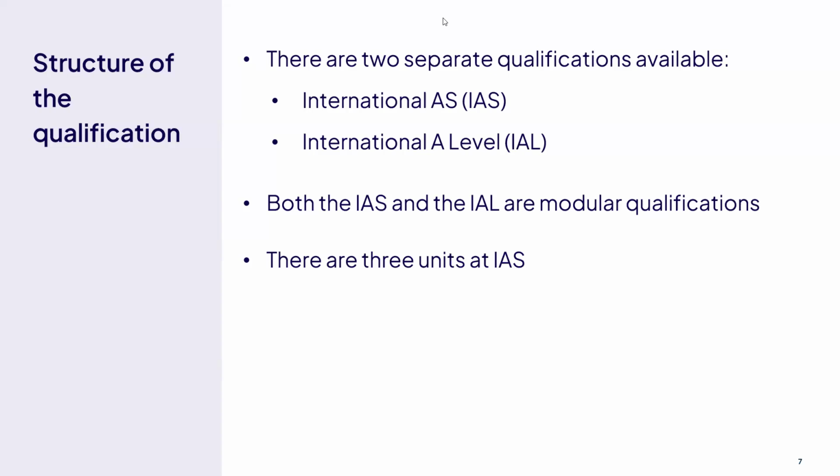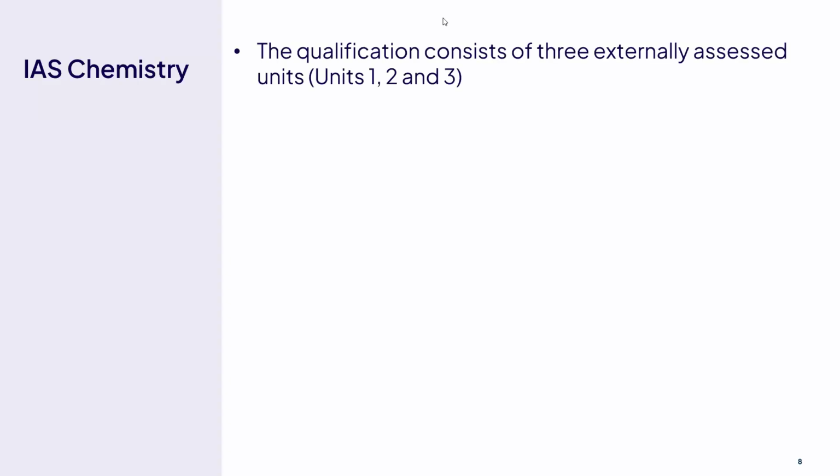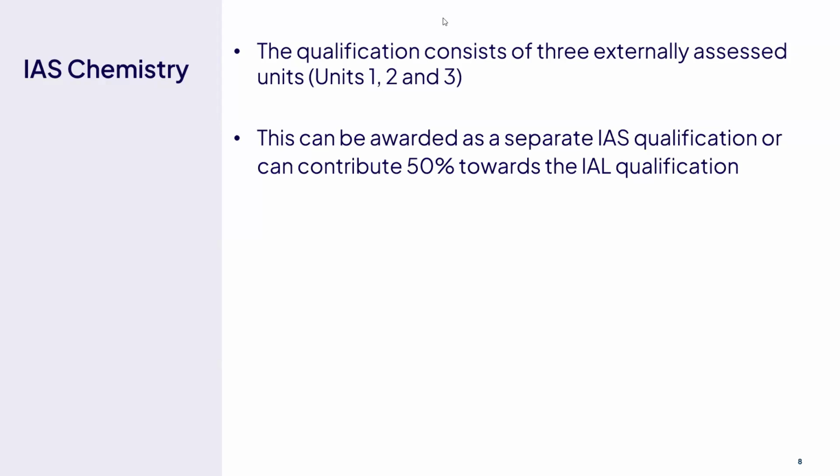There are 3 units at IAS, a further 3 units at IA2. The qualification consists of 3 externally assessed units, 1, 2, and 3. This can be awarded as a separate IAS qualification or can contribute 50% towards the IAL qualification.